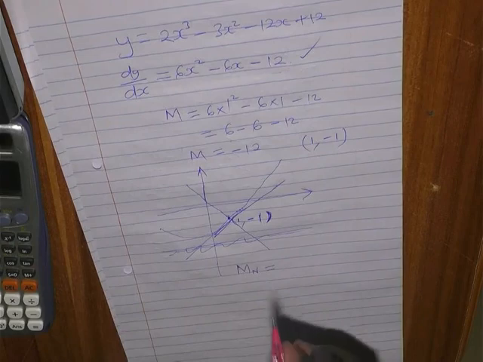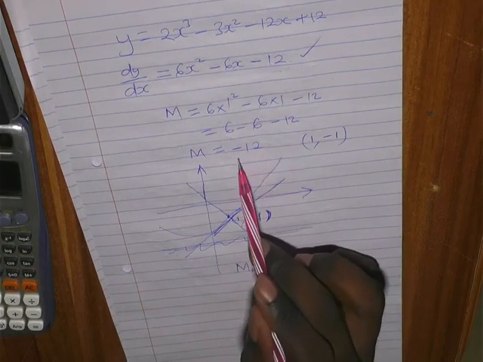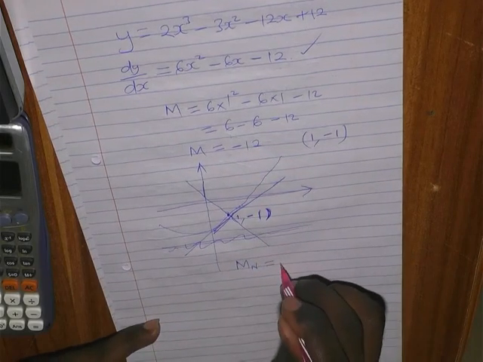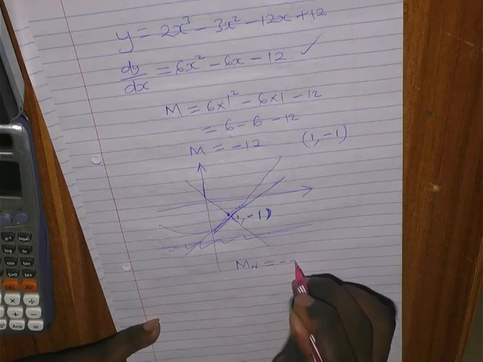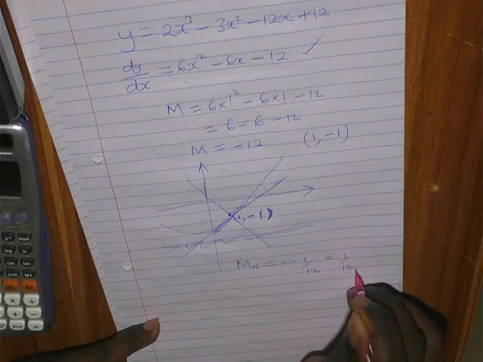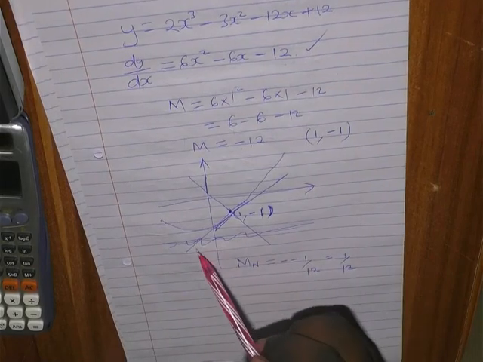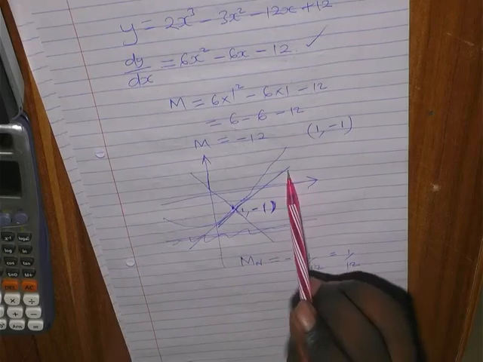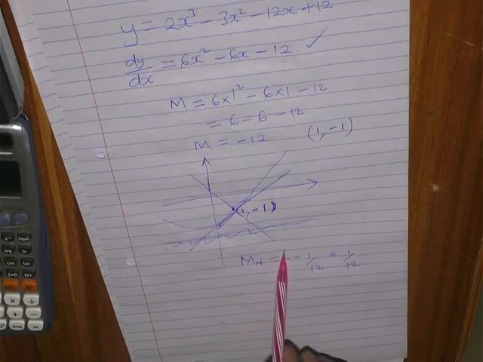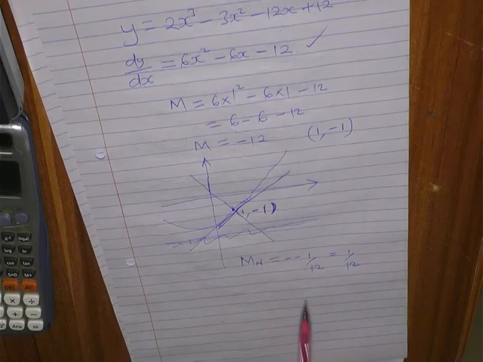So now we have negative 12, and we multiply by a negative, so it's going to be 1 over 12. So this is the gradient of the normal. We found the gradient of the function at that point, the tangent, but for the normal we multiply by a negative and then reciprocate it.